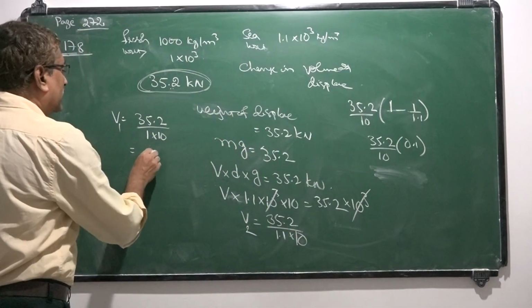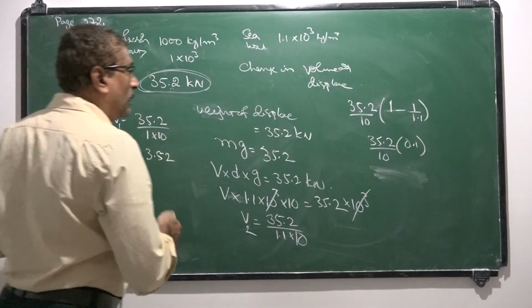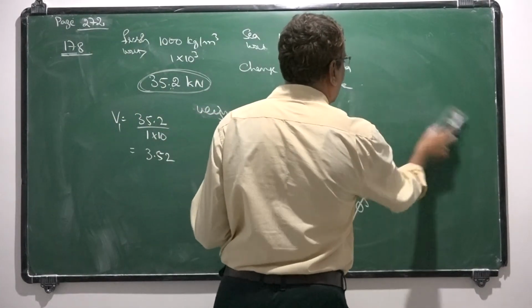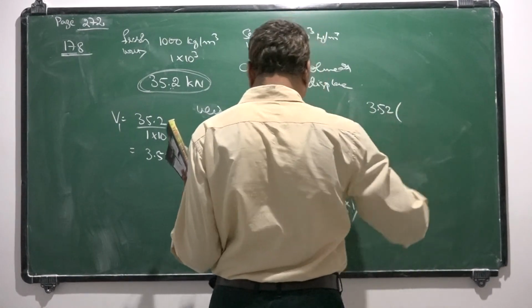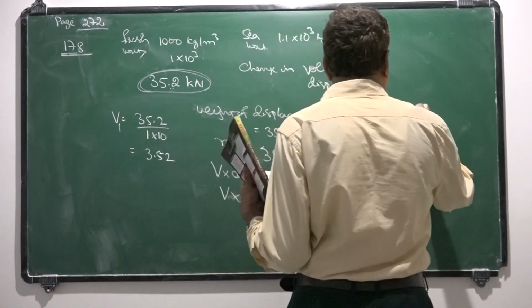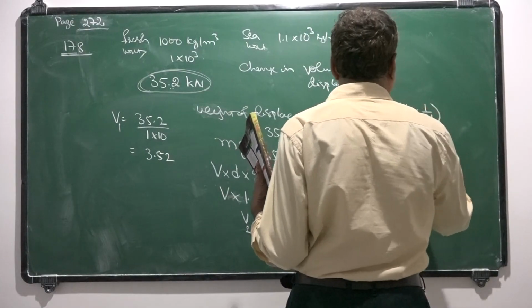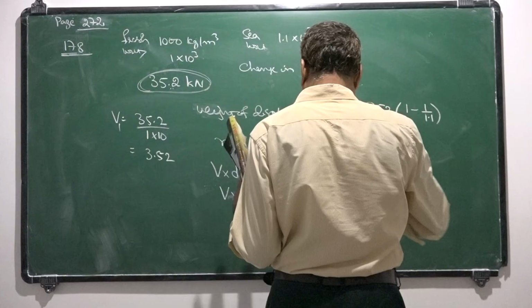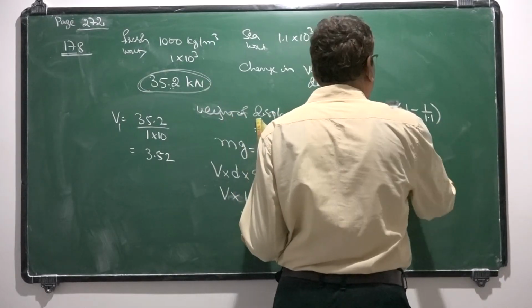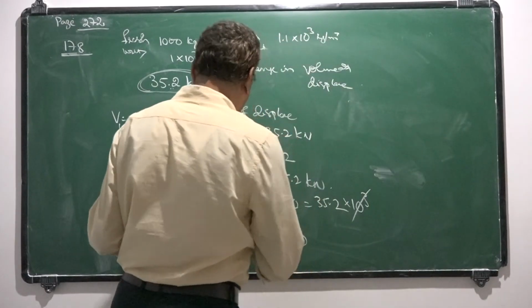Okay, so that means this is 3.52, and here it is 3.52 into 1 minus 1.1. We can write like this. Okay.